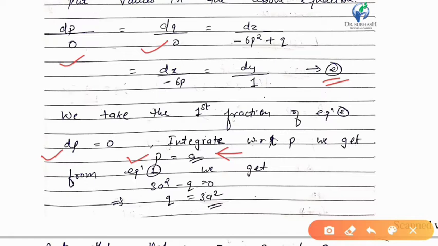Now I will put this p equal to a in the given equation. So my equation was 3p square minus q equal to 0. In place of p, I am putting here a. So I get 3a square minus q equal to 0. So for q, I will get the value as 3a square.